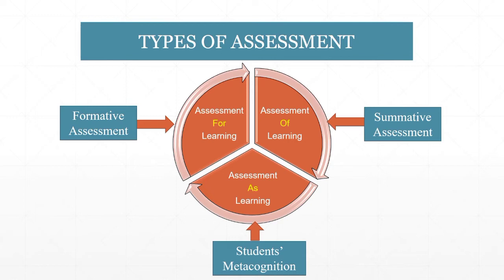It may determine whether a student gets admitted into a university after taking the Joint Admission and Matriculation Board exam. It may determine whether a student passes a course or has failed. So all these are summative assessments.